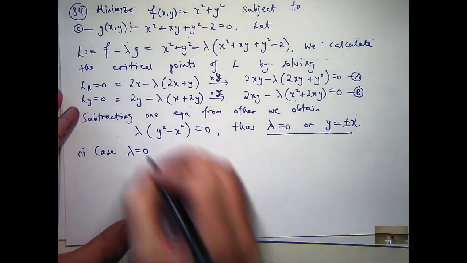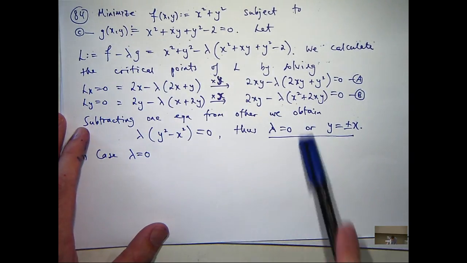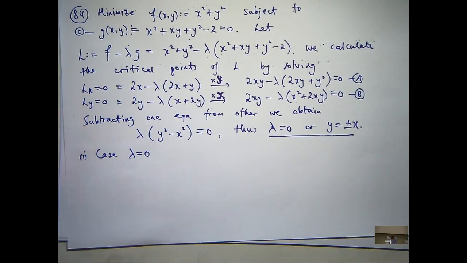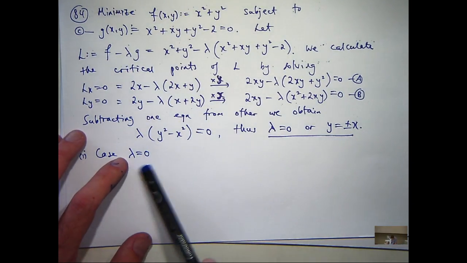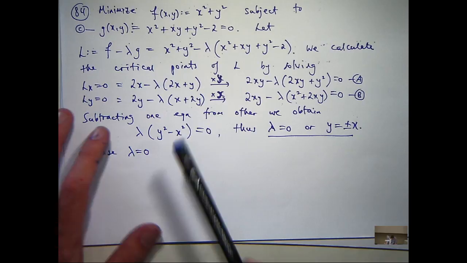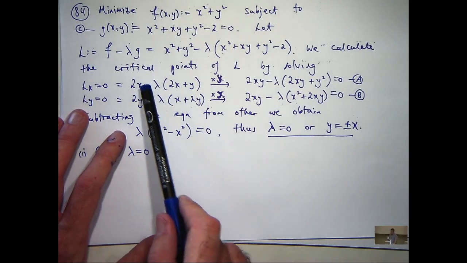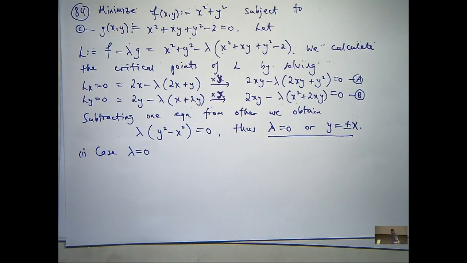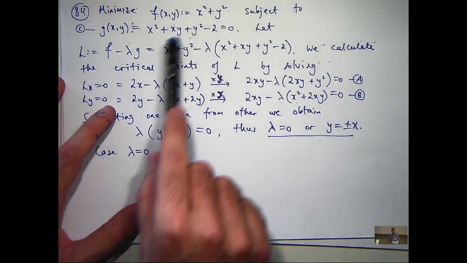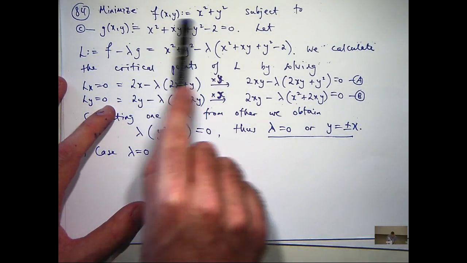Who can tell me why can't lambda equal 0? Anyone know? Well, let's look at what equations we have. If lambda equals 0, then up here we'll get x equals 0, y equals 0. Now, if you substitute x and y equals 0 in here, it's not going to hold.